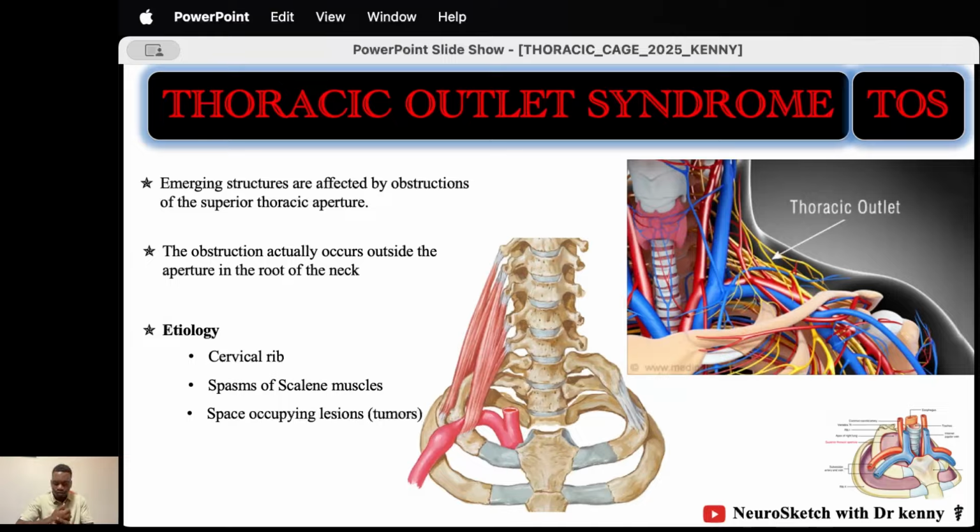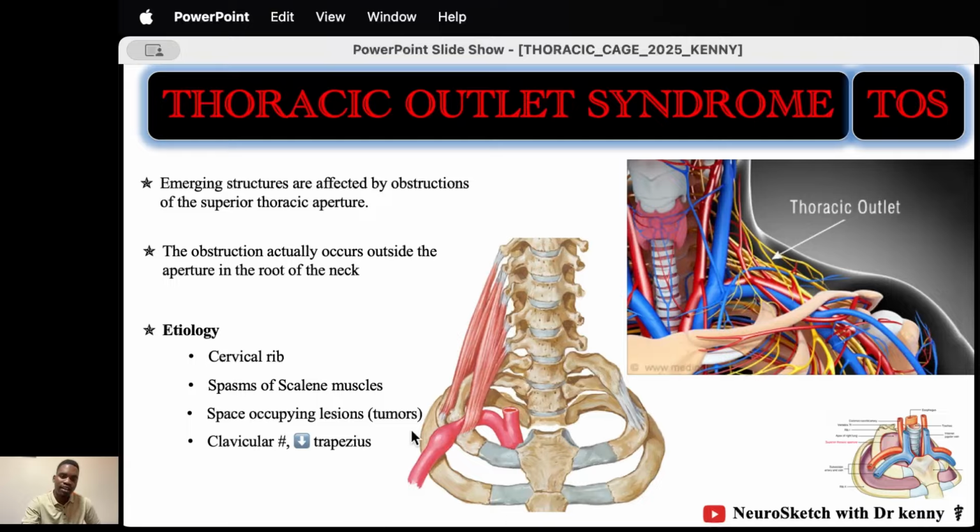But you can have space occupying lesions like tumors, cancers. Because they occupy space, they can result in pressure or compression of these neurovascular structures, and it leads to thoracic outlet syndrome. A clavicular fracture, the fracture of the clavicle, can also result in dropping of the shoulder by some other muscles here, which will also result in thoracic outlet syndrome.